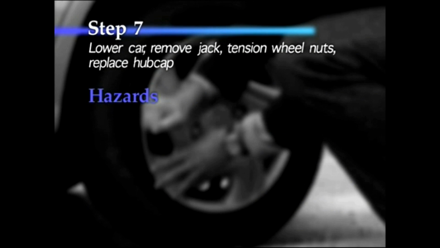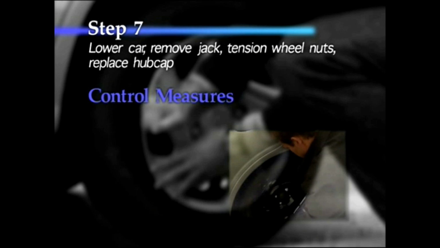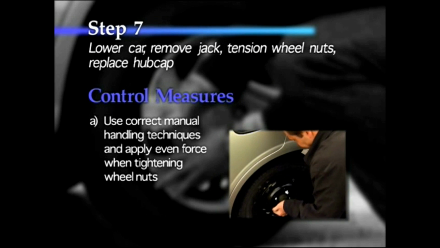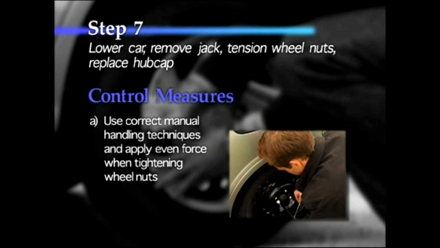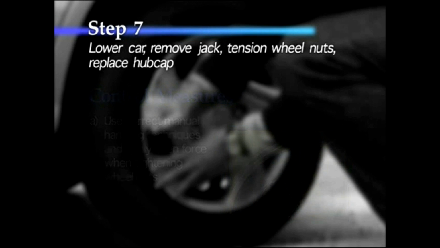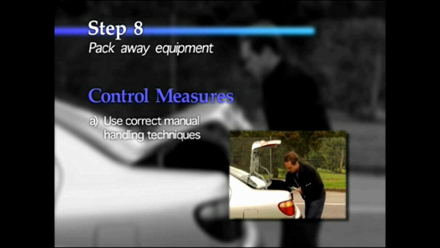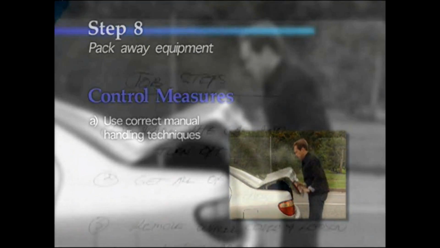Step 7 could lead to hand injuries or strains. Again, use correct manual handling techniques and apply even force when tightening the wheel nuts. And finally, the last step has the potential for manual handling injuries and requires the use of correct manual handling techniques as the logical control measure.